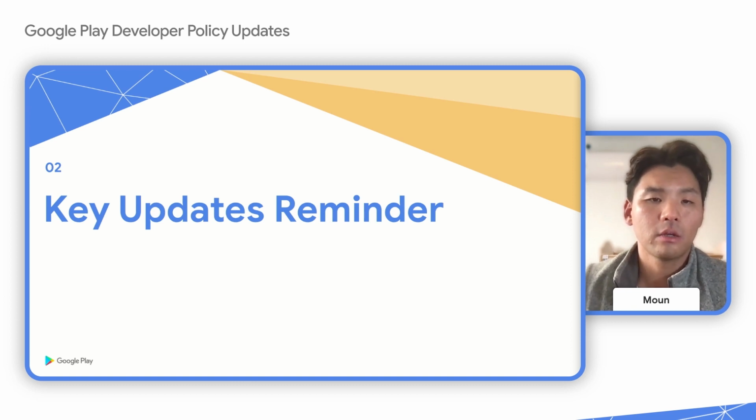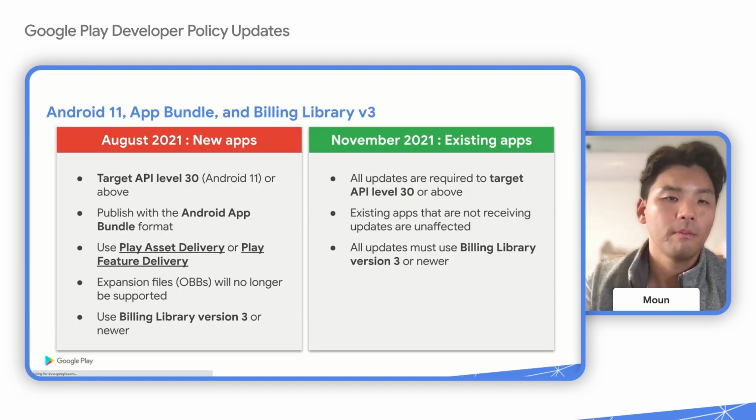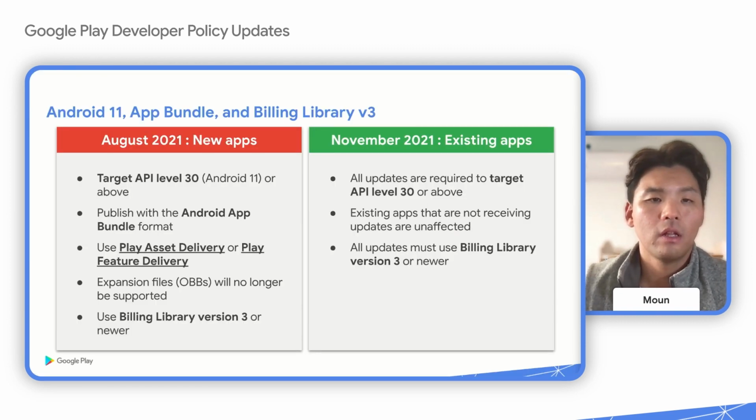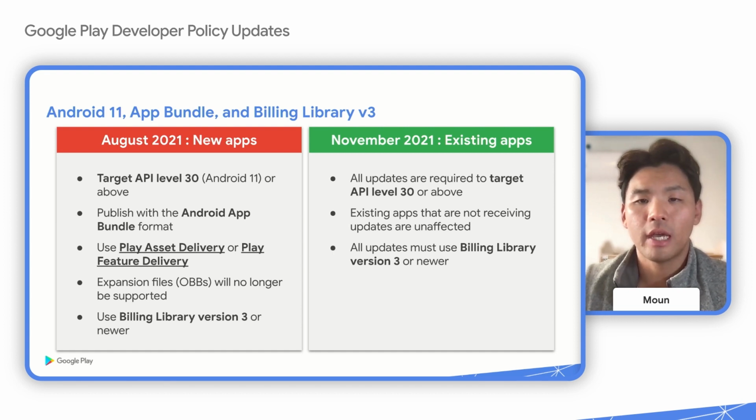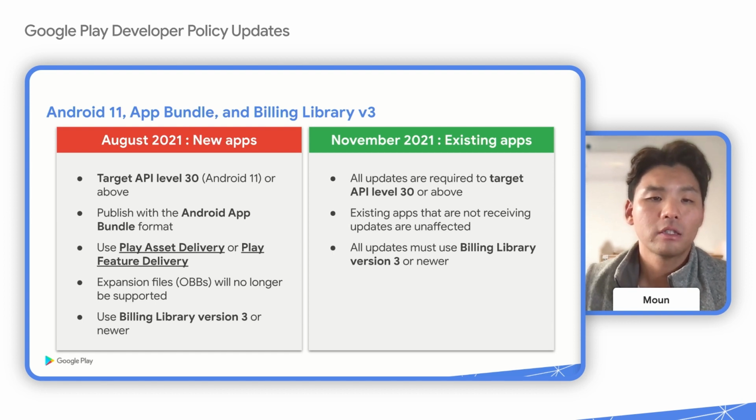Let's also take a quick look at some of the key updates that we made in the past as a reminder. First of all, let's refresh our memories on the requirements for Android 11, the new Android app bundle, and billing library version 3. From August 2021, new apps should target API level 30 or Android 11 or above and adjust for behavior changes.